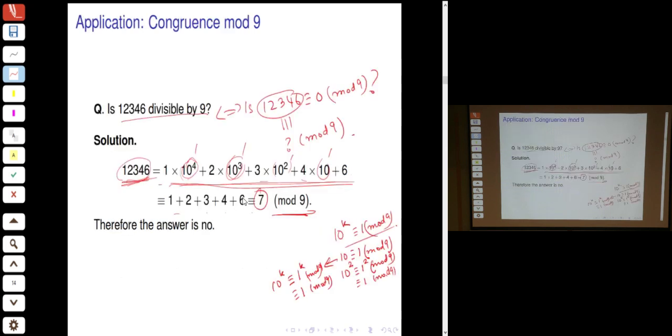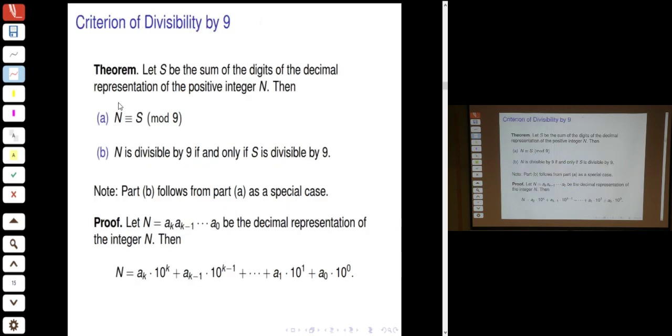Notice that the ultimate answer in the previous example was the sum of the digits of this number in decimal representation.